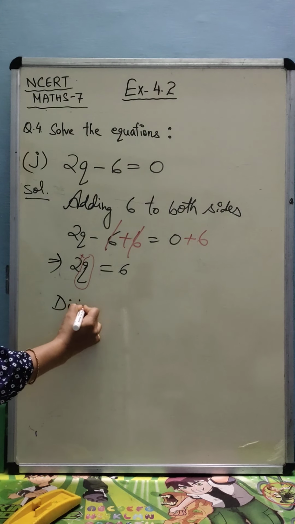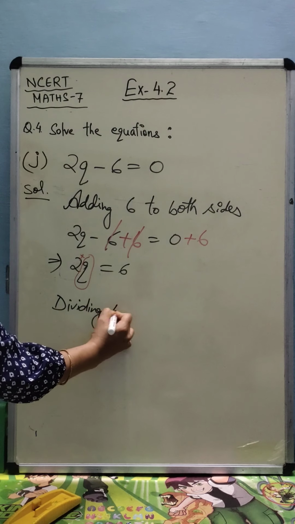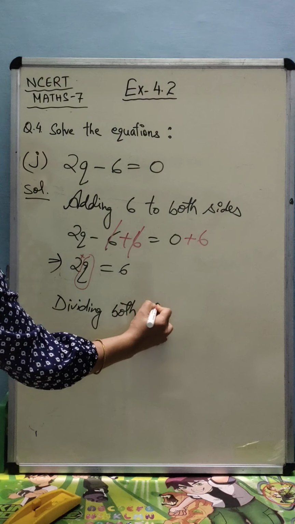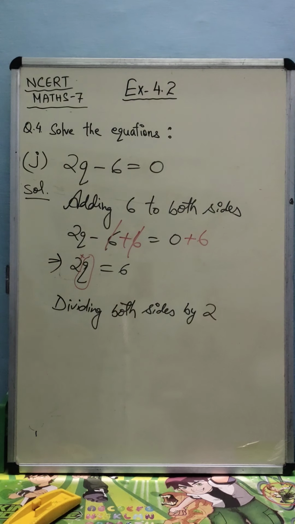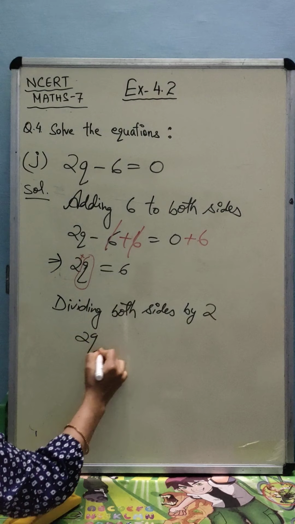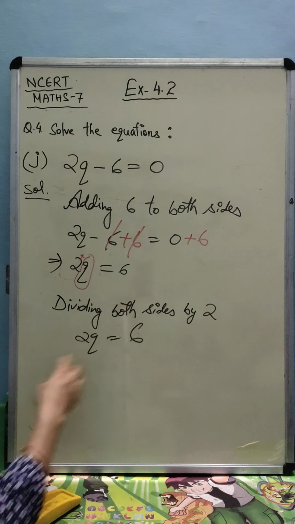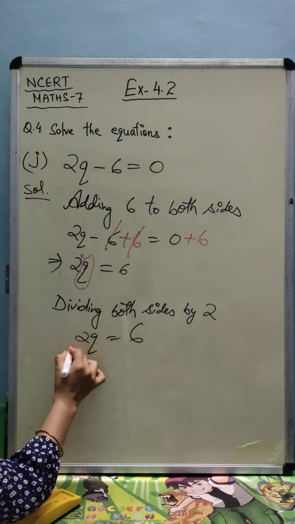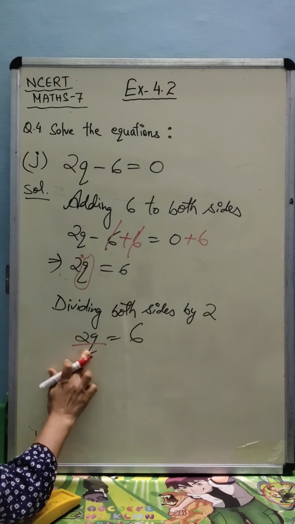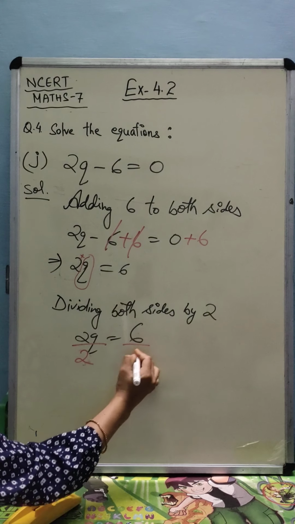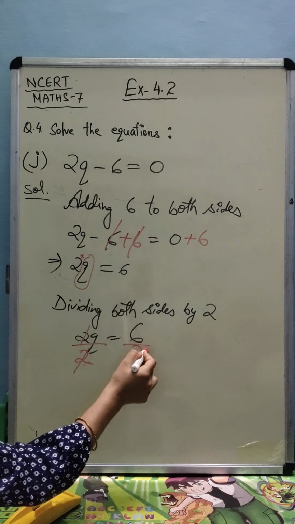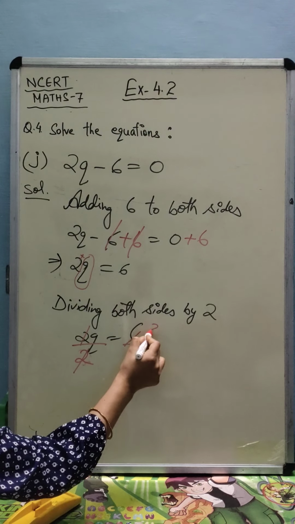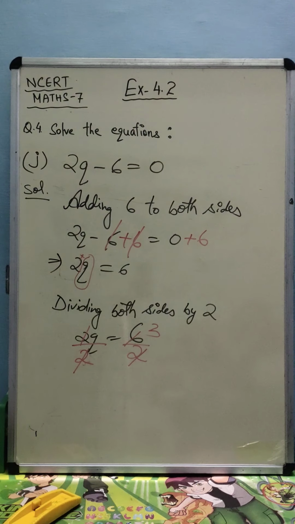So we will write dividing both sides by 2. This is 2q is equal to 6. We have to divide by 2 here, and here also divide by 2. 2 and 2 will cancel, and here 2 3s are 6. 6 divided by 2 is 3.